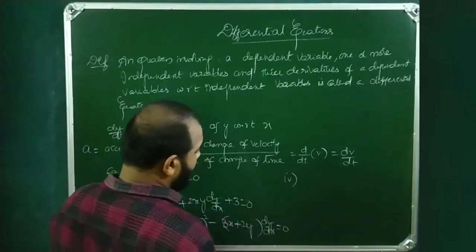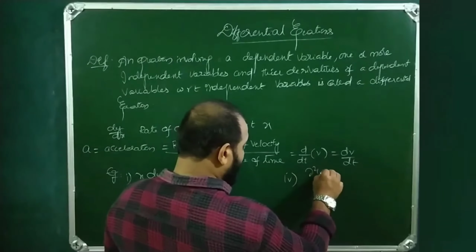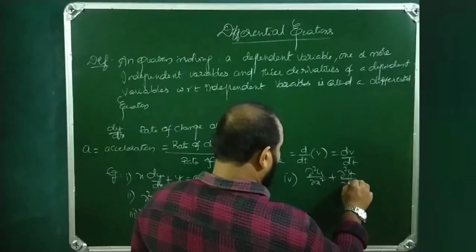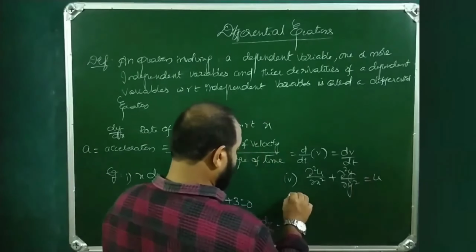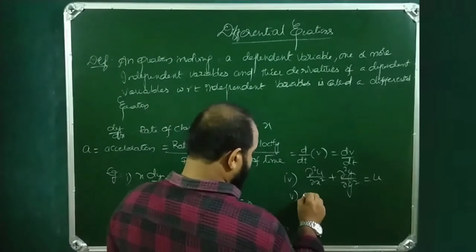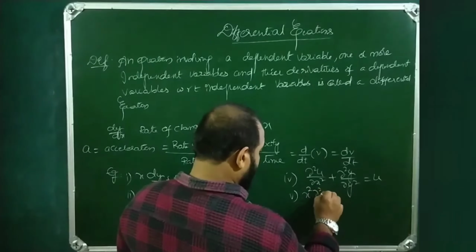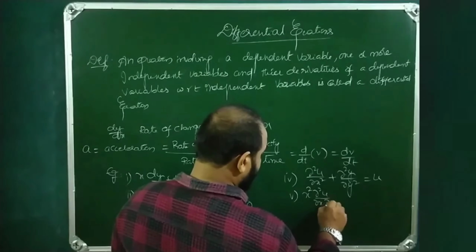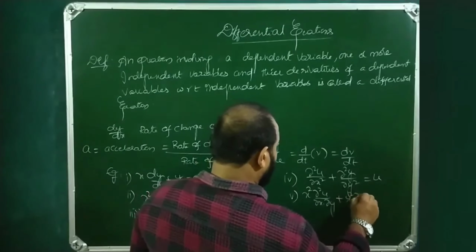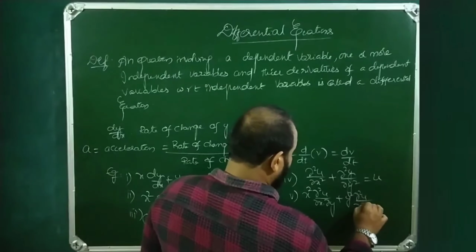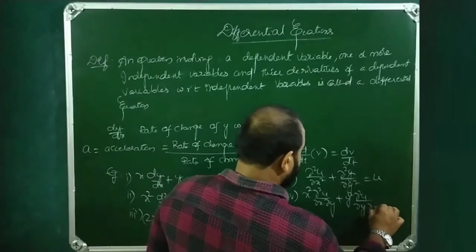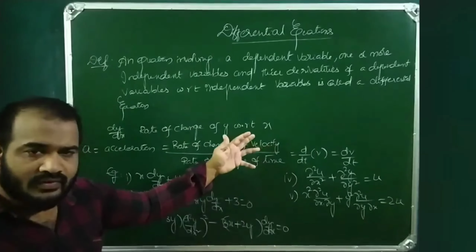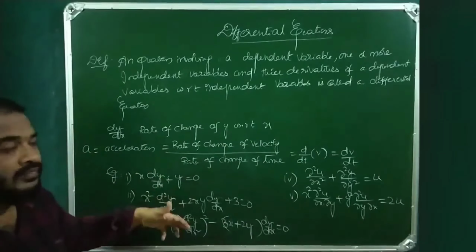And we can even take dou square u by dou x square plus dou square u by dou y square equals u. Otherwise, x square dou square u by dou x dou y plus y square dou square u by dou y dou x equals 2u. So these are some examples of differential equations.